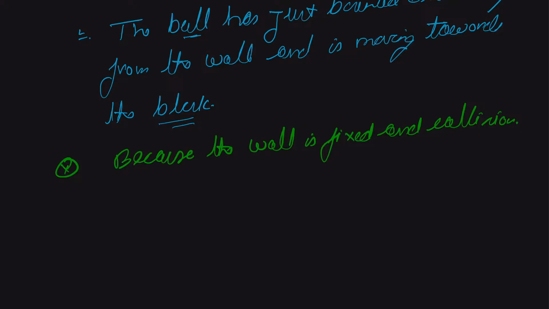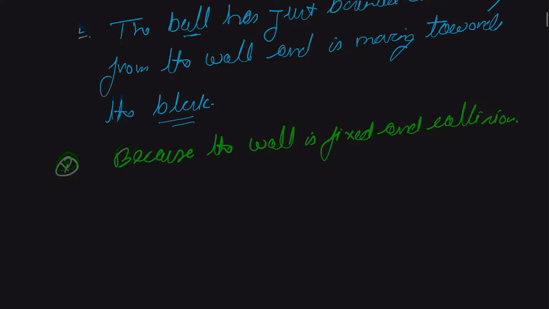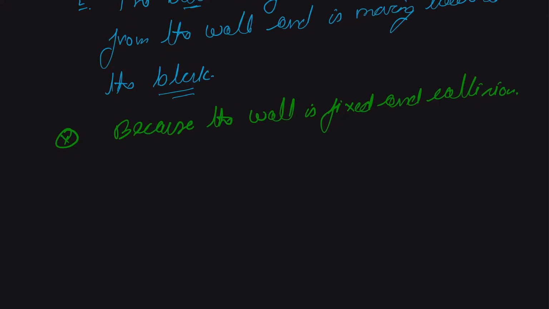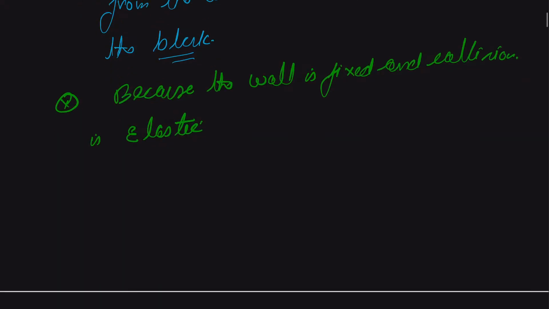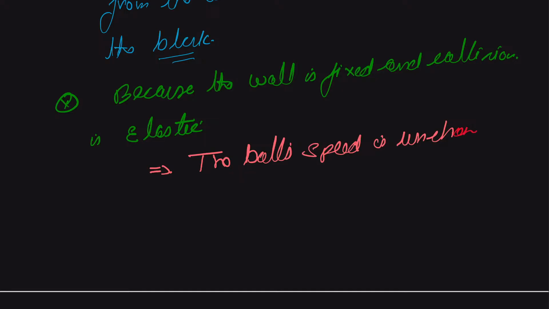Okay, sorry for that. So we were discussing that the wall is fixed and the collision is elastic. Based on this, we can draw two conclusions. First conclusion is that the ball's speed is unchanged by the wall.